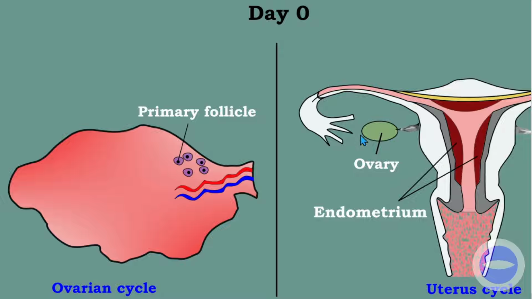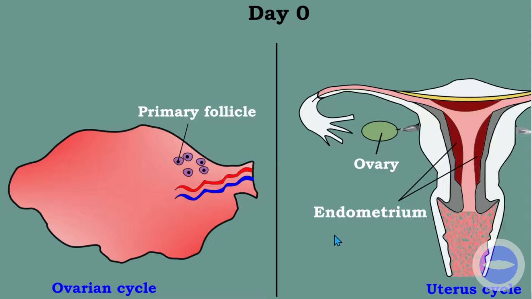And then this is the ovary. Here I've drawn the ovaries so that you can see the processes taking place at the same time. Remember, the ovarian cycle takes place inside this ovary.